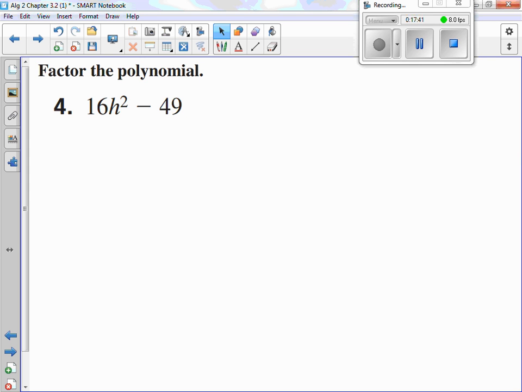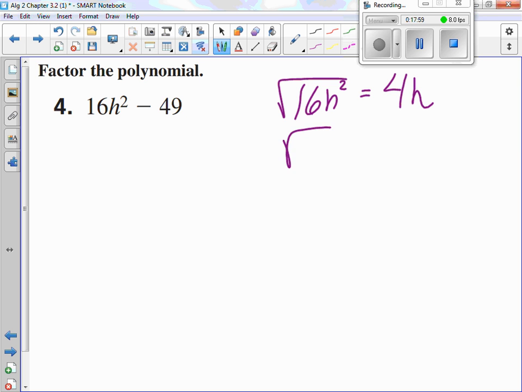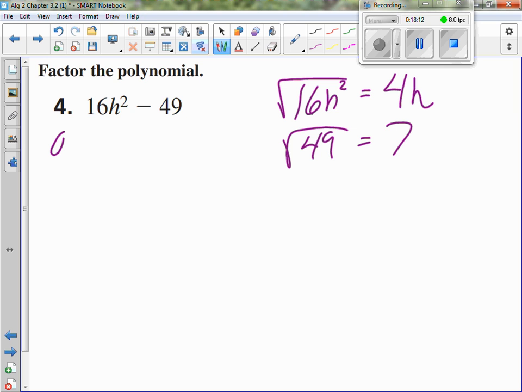Let's look at this one. So we have two different things and they're being subtracted. Now we need to see, are they perfect squares? 16h squared. So if I can take the square root of it, 16h squared. So these are perfect squares, yes? So really I'm just taking the square root of it. So the square root of 16 is 4, the square root of h squared is h, and the square root of 49 is 7.